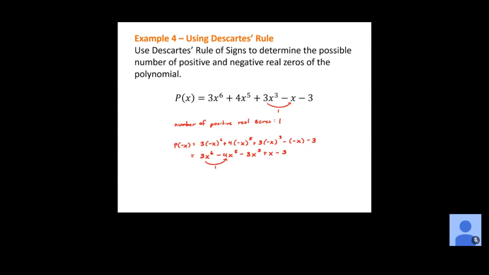But then from the negative 3x to the third to the positive x, it changes signs again. There's a second sign change. And then finally, from the positive x to the negative 3, that changes signs again. So I have a third sign change. Any questions about how I got 3 sign changes for p of negative x now?